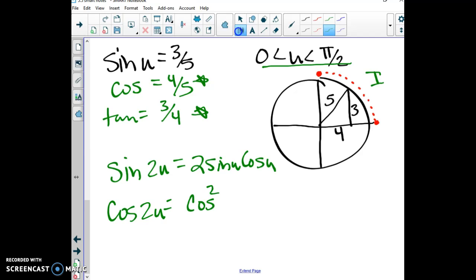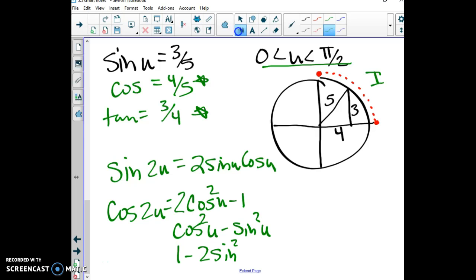2 cosine squared u minus 1. There's cosine squared u minus sine squared u. And there's 1 minus 2 sine squared u. Any one you feel like using.